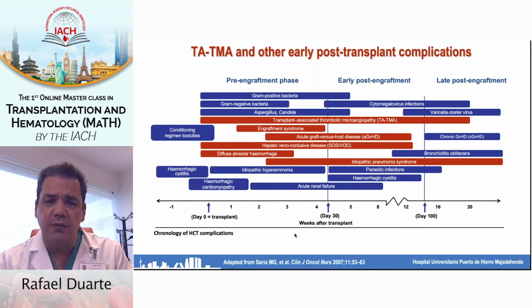Transplant-related microangiopathy is one of them, but engraftment syndrome, acute graft-versus-host disease as well, VOD, diffuse alveolar hemorrhage, idiopathic pneumonia syndrome, all those are related to endothelial dysfunction. And today, we're going to try and focus primarily on transplant-associated thrombotic microangiopathy.